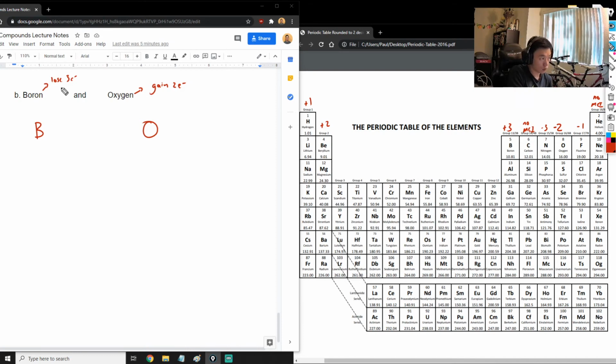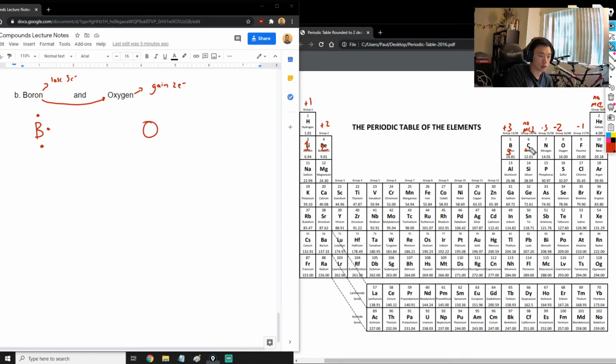Okay, so boron wants to lose 3 electrons, oxygen wants to gain 2 electrons. So since boron wants to lose 3 electrons and oxygen wants to gain electrons, we know that the electrons are going to go from boron to oxygen. Boron, if you take a look at it, is box number 1, 2, it's number 3 on the periodic table in its row. So boron is going to have 1, 2, 3 valence electrons.